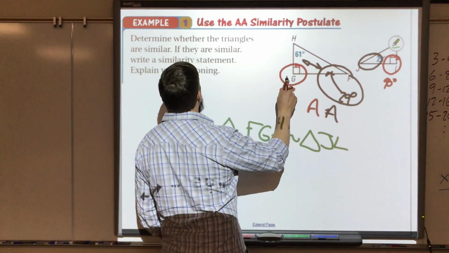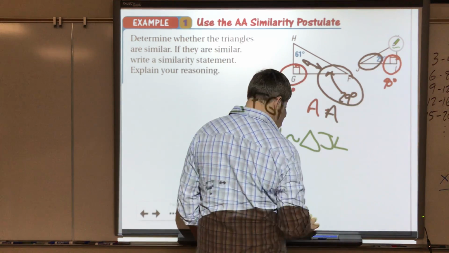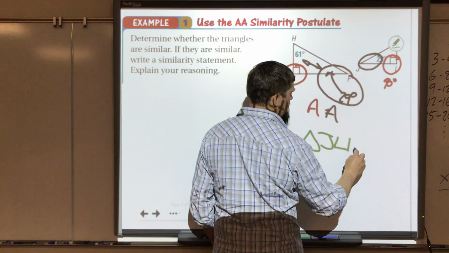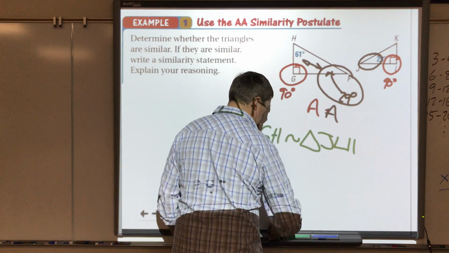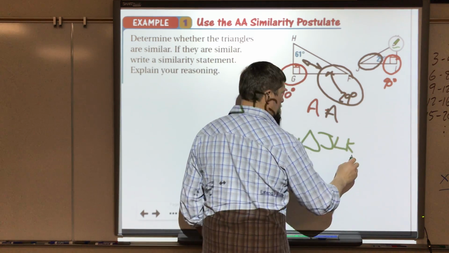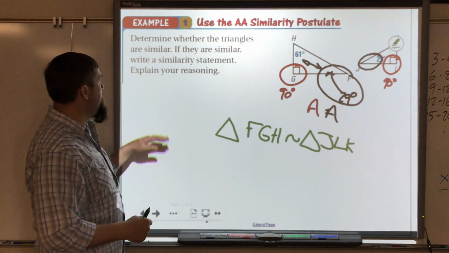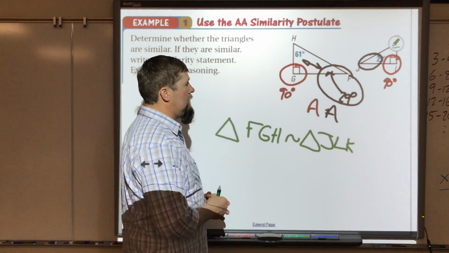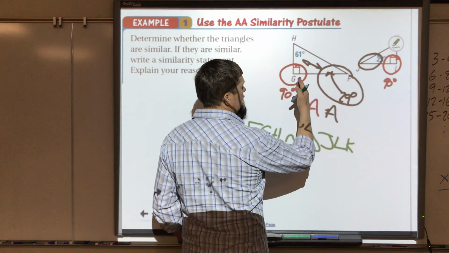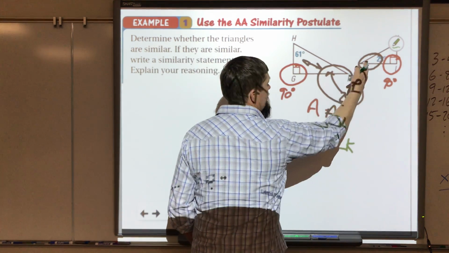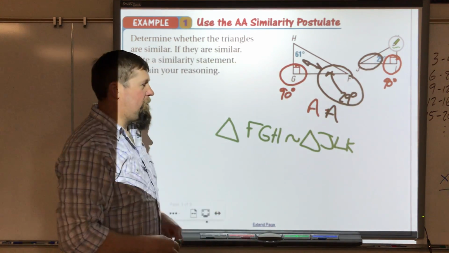And then the last one, I'm assuming that is K. Yep. So K is last, just like H is. So this is a similarity statement. Explain your reasoning: because of the angle-angle postulate, 90 degrees is congruent to 90, 29 is congruent to 29, therefore they are similar.